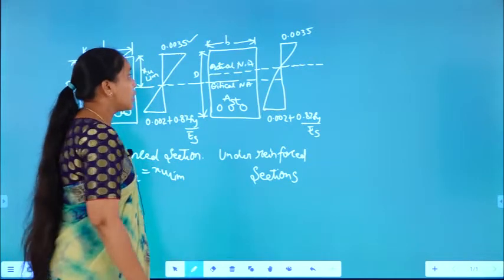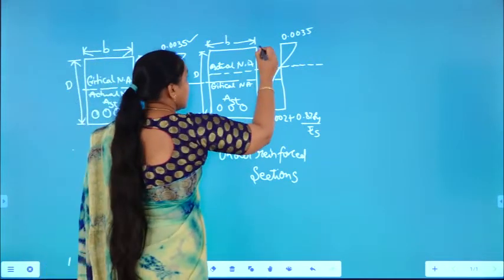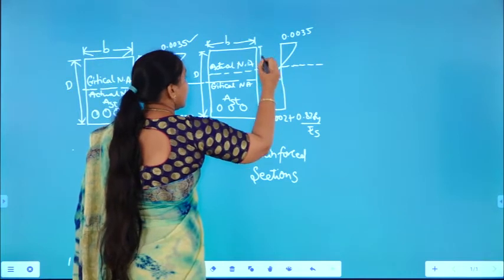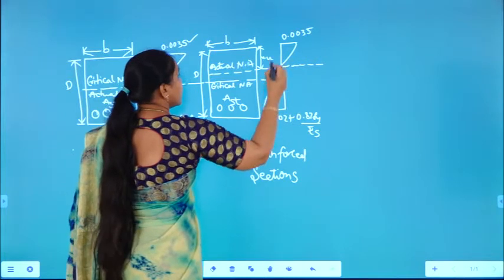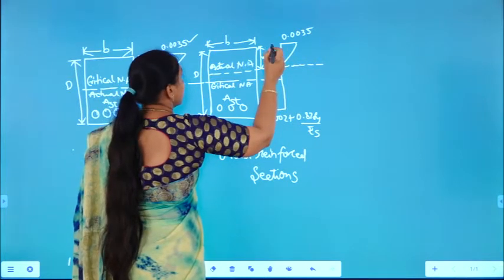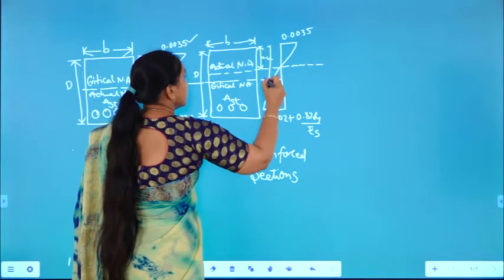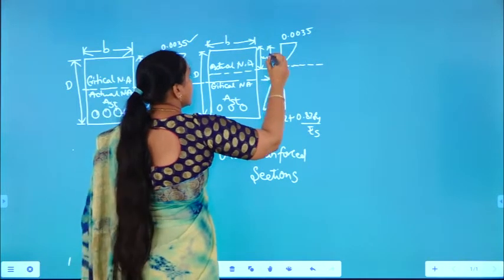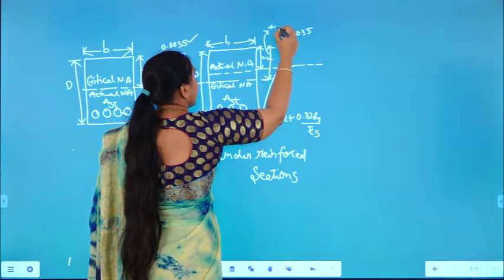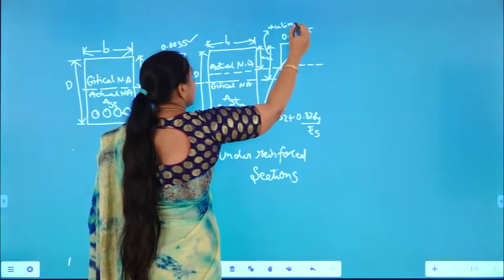So, from this what you can write down? This is going to be your XU, and this distance is going to be your XU limit.